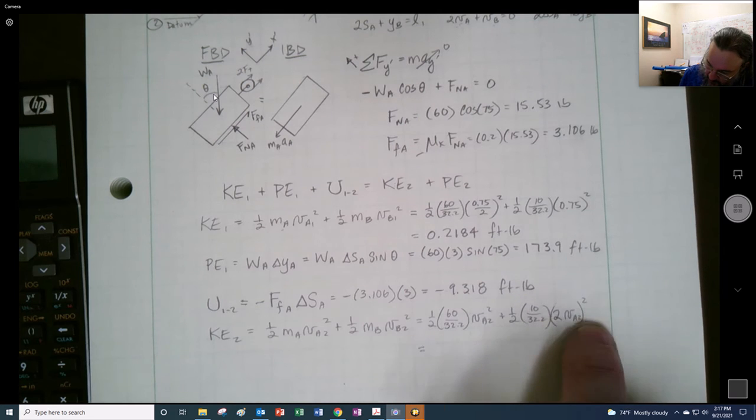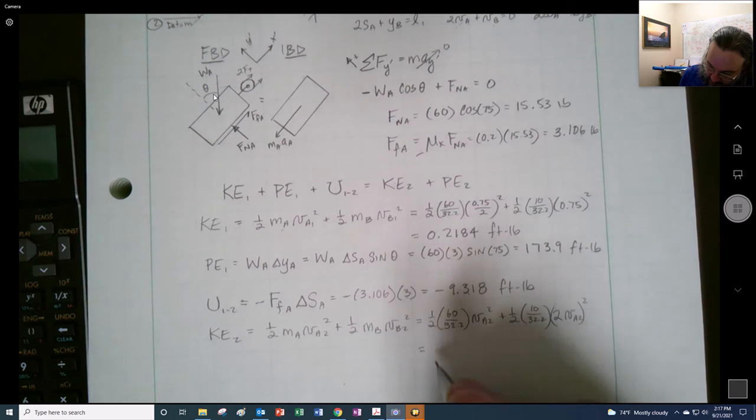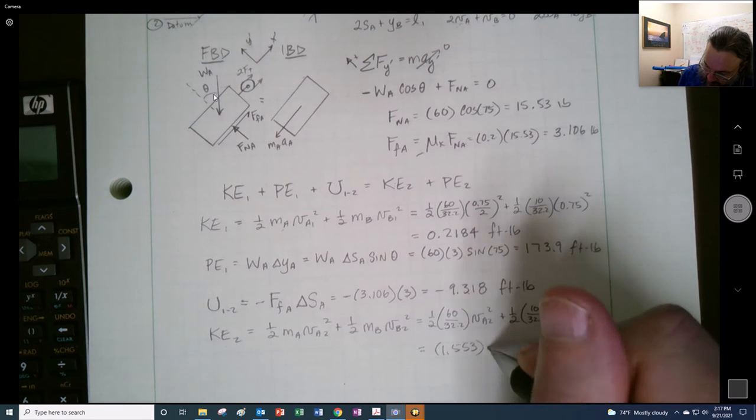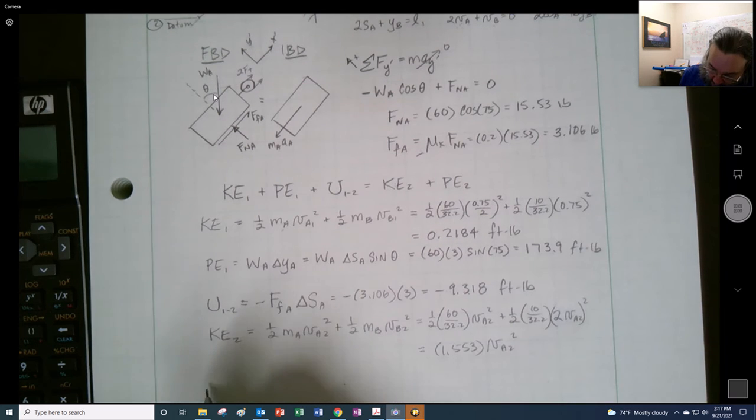So that's going to be 2 squared, 4 divided by 2 times 10. And this is going to be 60 divided by 32.2 divided by 2, and add them together. Okay, got it. 1.553 V_A2 squared.